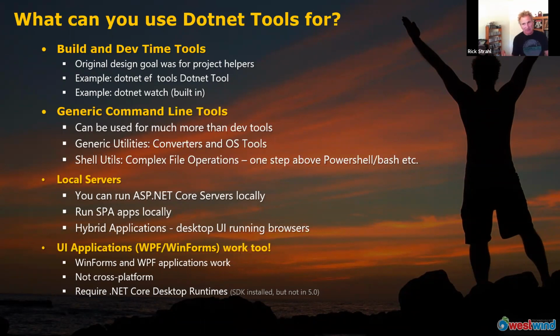And this is maybe the most exciting part of it, to me anyway, is that if you are building these tools, you can use all of .NET Core, which means you can build full-on servers. You can build an ASP.NET application and build a server that you can then run locally completely. So you can entirely run that application on a local machine. So you can build local server applications that you just browse locally. So instead of building maybe a desktop application, you can build a local server application that's a web application, and then have a browser that automatically opens and starts that application up.